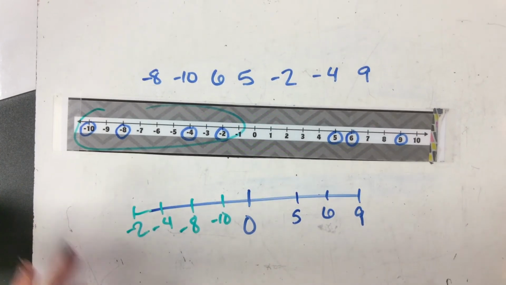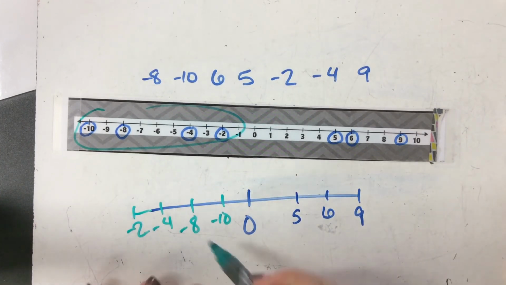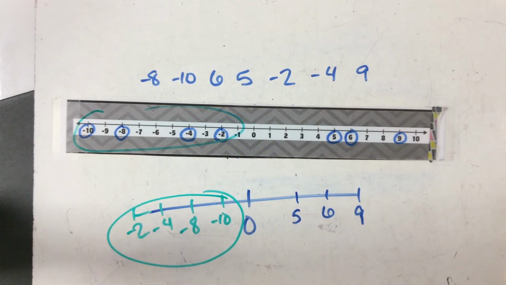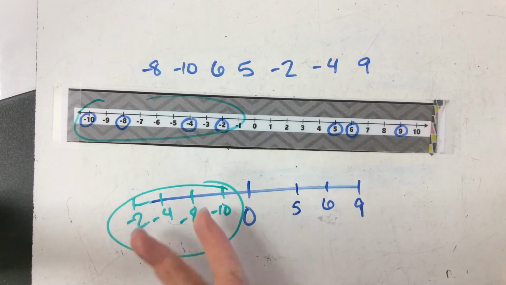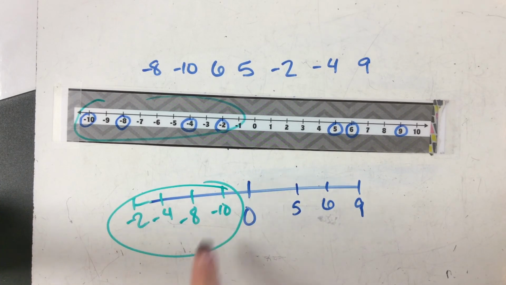And maybe that's the mistake that you did, okay? We've got to remember that when we're over here in this little negative world, the ones that look the biggest are actually the smallest, and we've got to make for sure that they show that order, okay? That -2 is closer to 0 than -10. And when we're putting it on our number line, it is really important to remember that.